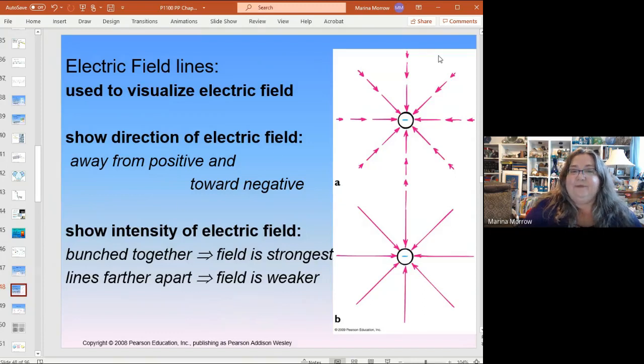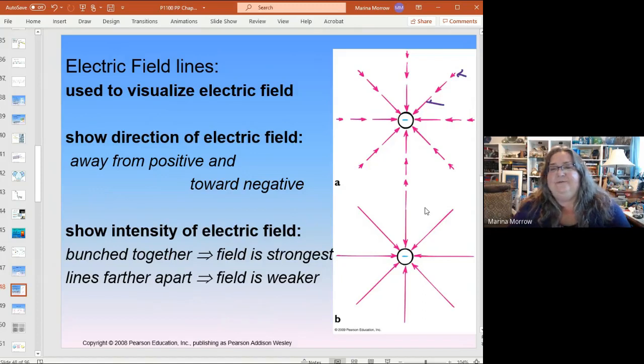Okay, so we could represent that by a whole bunch of tiny little arrows, bigger ones close in and small ones when we're further out, right? So anyway, but instead of doing that, what they did was they just figured out a way to do it using one straight or one long arrow. And the strength of the field, instead of being represented by the size of the arrow, is represented by whether or not they are close together or far apart.